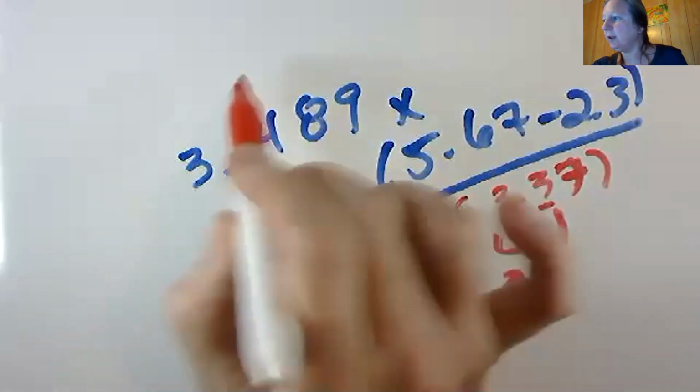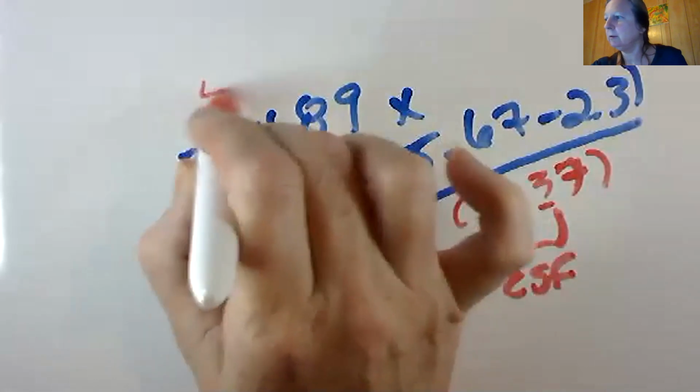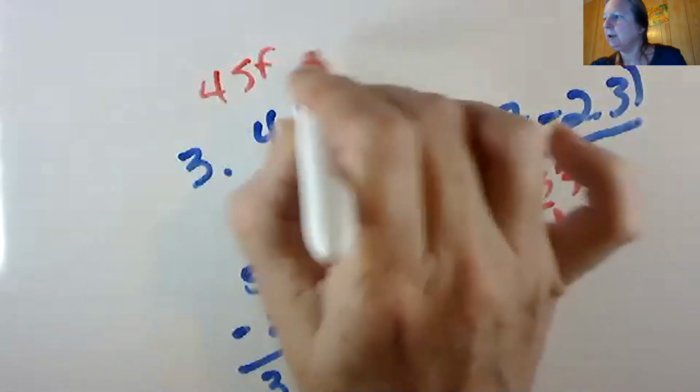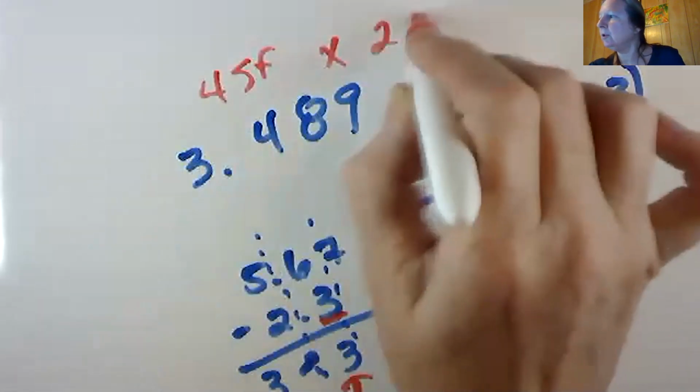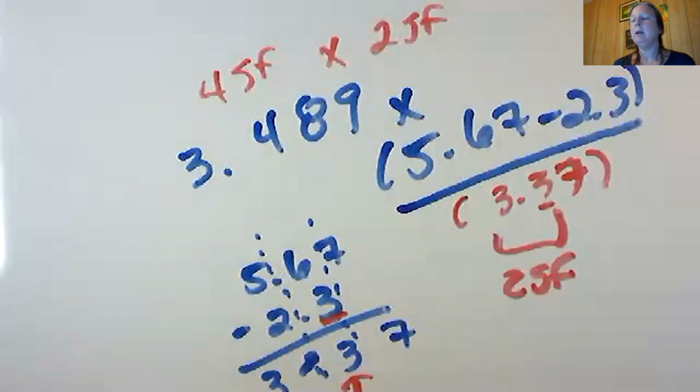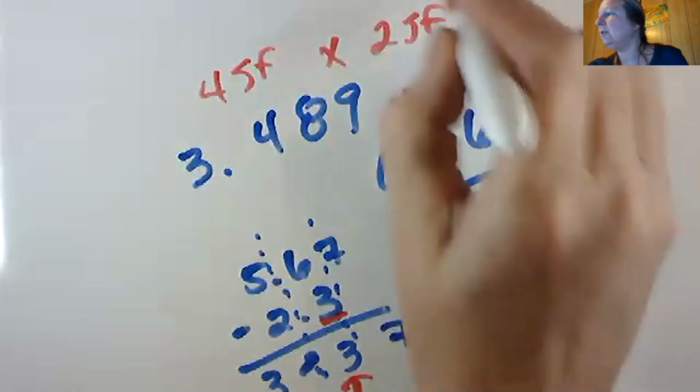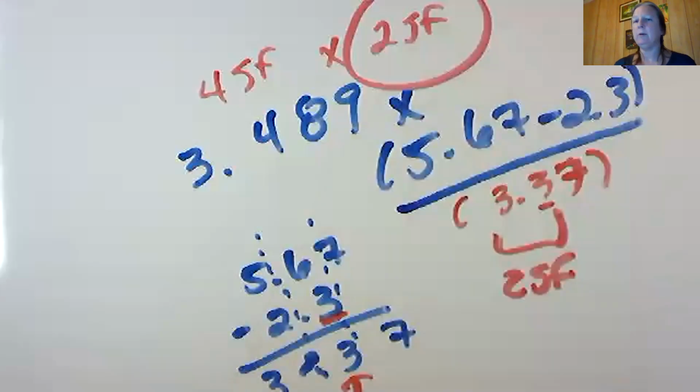This is 4 sig figs. And you're multiplying it times something with 2 sig figs. When you're multiplying and dividing, you count. So your answer has to be the smaller number of sig figs. So once you get your answer with your calculator, you round up or down to 2 sig figs.